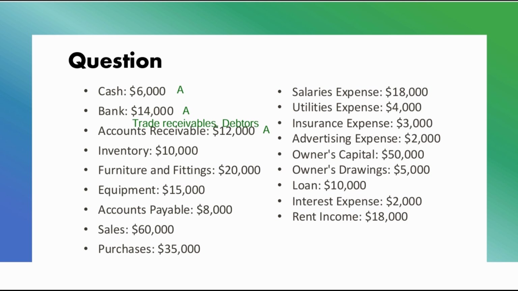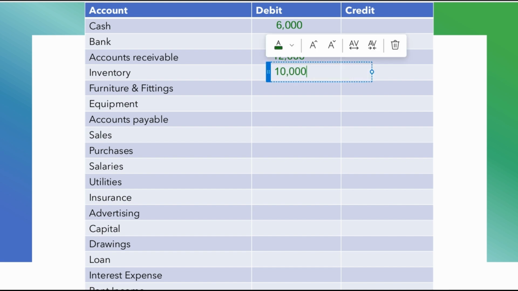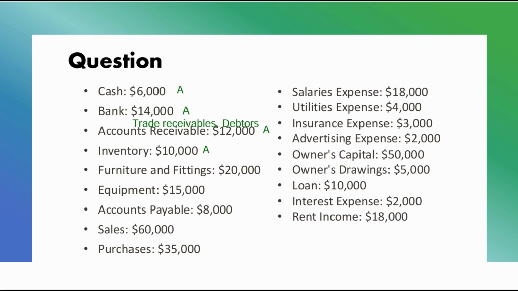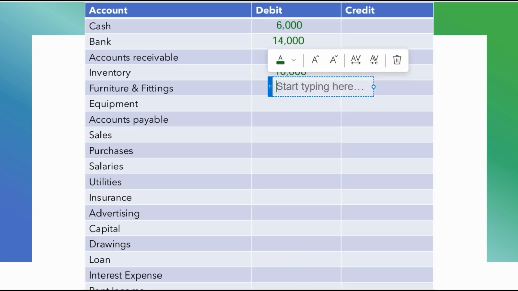So that's an asset. $10,000. Furniture and equipment, it's an asset again, and it's a resource under the business's control. So is equipment. So they both are assets.